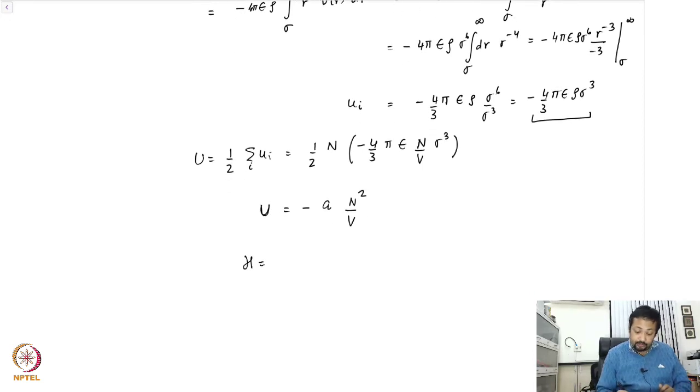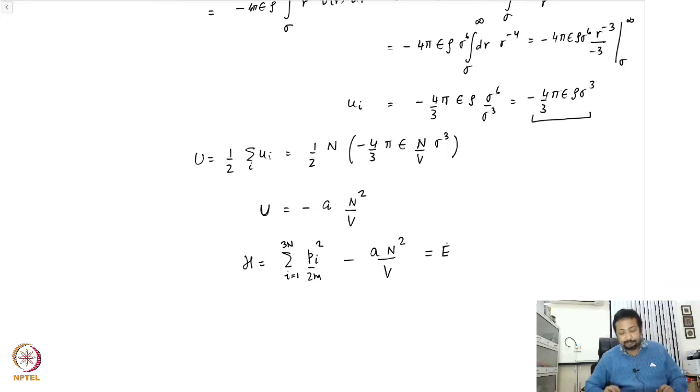So the Hamiltonian, which you started off as the many particle Hamiltonian, now simplifies to the sum of pi square over twice m, where I now goes from 1 to 3n, removing the vector sign on the momentum, minus A n square over V, and this must be equal to E.